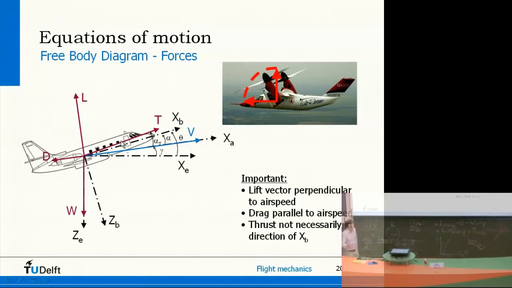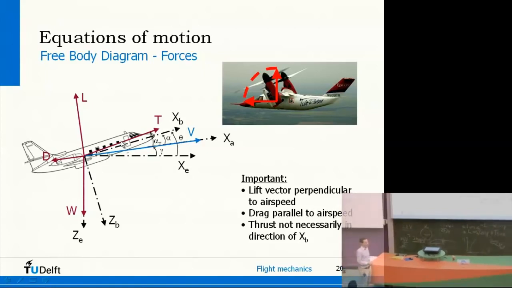Well, that's just basically a historical thing. It's just something you can agree on. You could also define another axis system and say, okay, I'm going to put the z-axis upwards. That would also work.